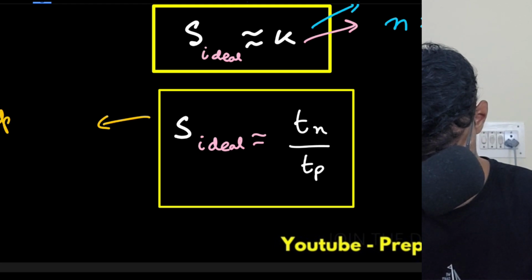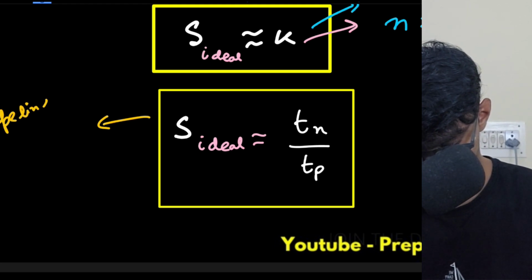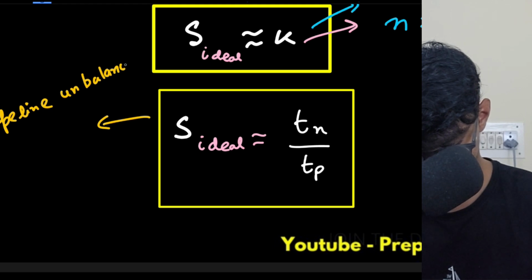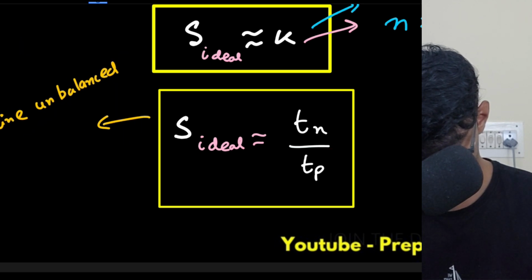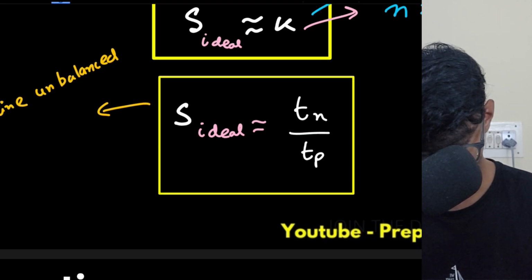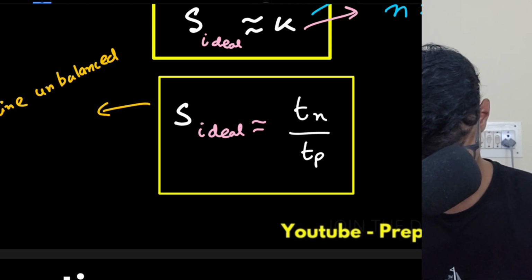Pipeline unbalanced, and TP and TN are given.